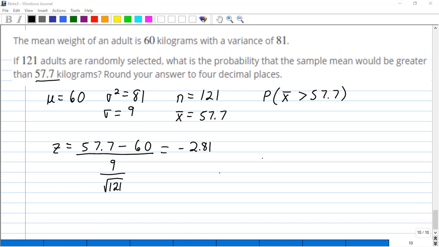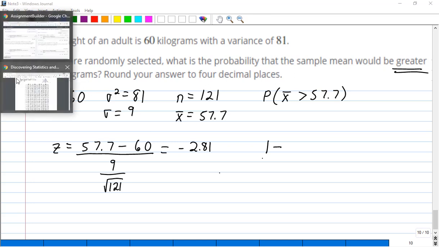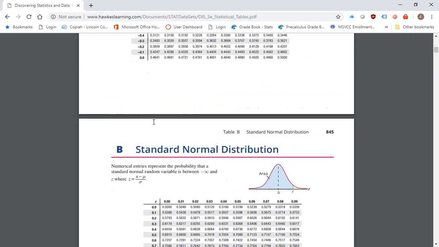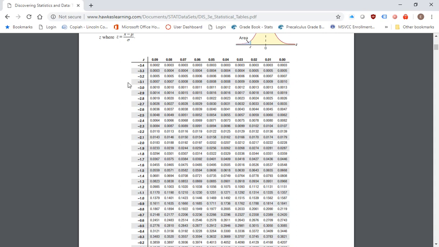All right, was this a less than problem or a greater than problem? It was greater than. So what I'm going to do is I'm going to say 1 minus the answer that I get, because this is a greater than problem. And the answer that I'm going to get is going to come from the z-score chart. All right, so I need to go to the negative z-score chart, negative 2.81.